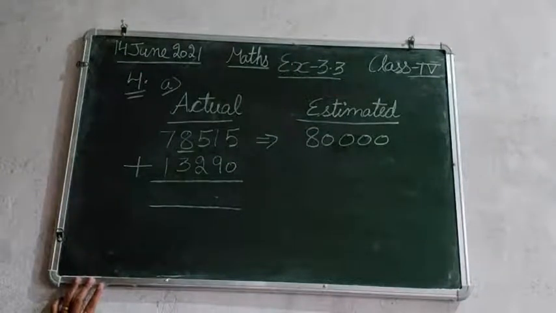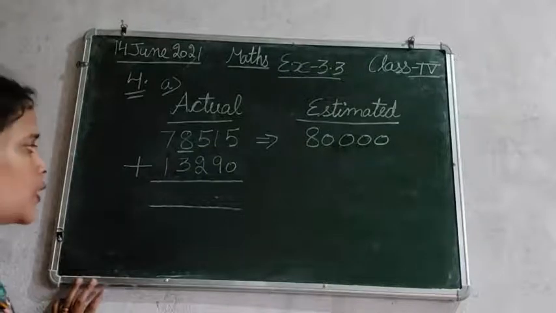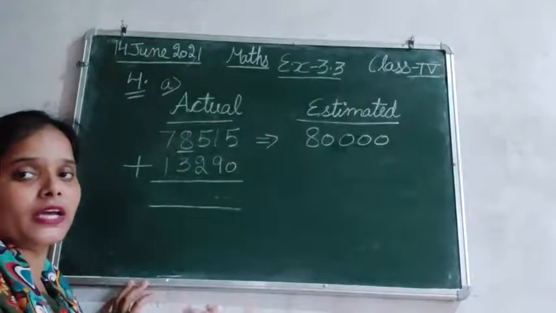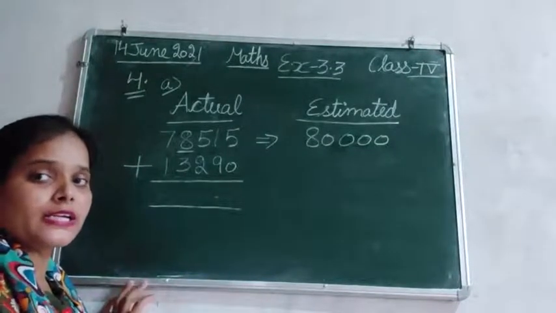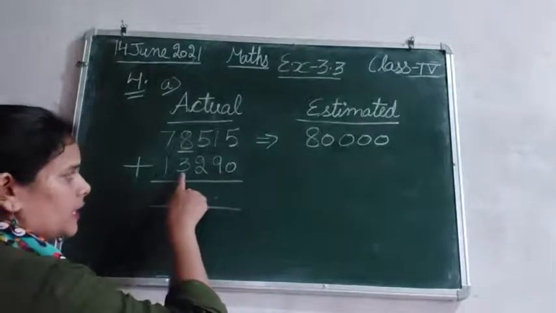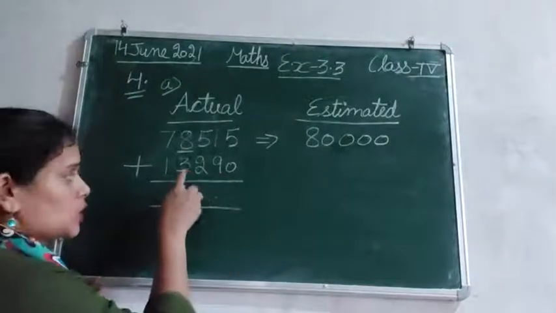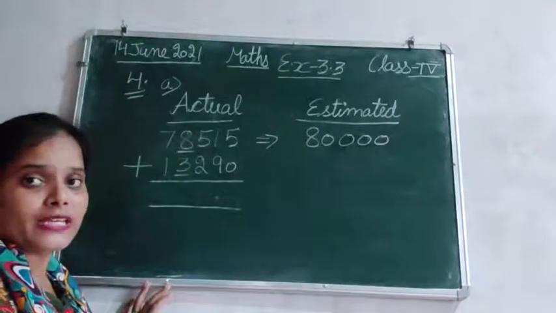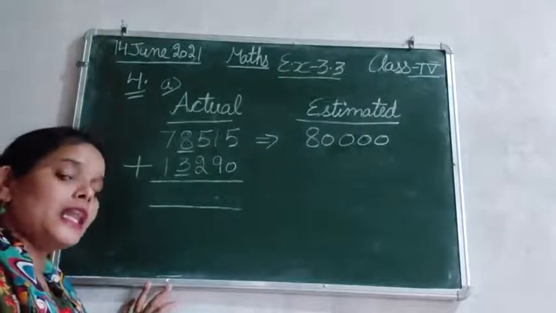Next here we are having 13,290. Now we need to estimate this 13,290 as well. So again 10,000 के nearest इसको भी करना है. We will observe the digit that is given at thousands place. Ones, tens, 100, 1000. So at 1000 we are having 3. Is 3 greater than 5 or less than 5? 3 is less than 5.